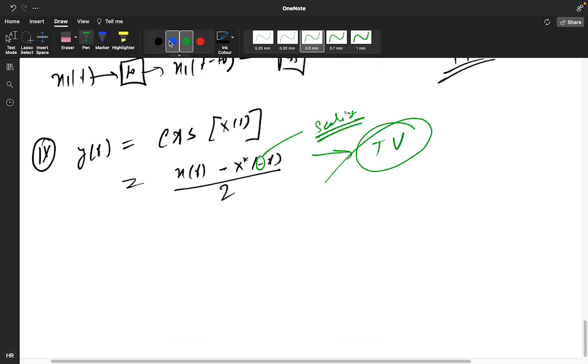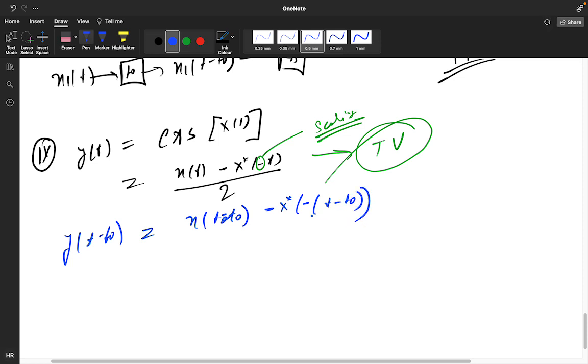No need to do calculation. Reversal is there. Even if you check y of t minus t naught, you get x of t minus t naught minus x conjugate of minus t naught, divided by 2.